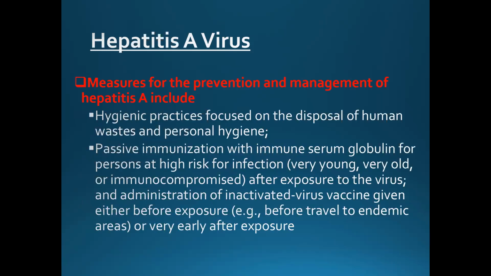So the measures for prevention and management of hepatitis A is going to be public health management in terms of hygienic practices, in terms of disposal of human waste and personal hygiene. There is also passive immunization with immunoglobulin for persons at high risk for infection, very young, very old, and immunocompromised, or after exposure to the disease, and administration of inactivated virus vaccine given either before exposure or shortly thereafter.